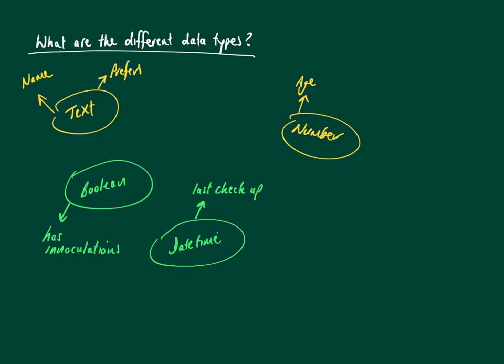Datetime is another data type that you might not be aware of, and this could be used in a database to store information about when the pet was last at the vet, maybe or last got a checkup or anything. Could be the date and time it was born, if that was useful. So datetime is a really useful data type that you will want to use in your own database designs. One last data type, and there's more than this, is an image data type.